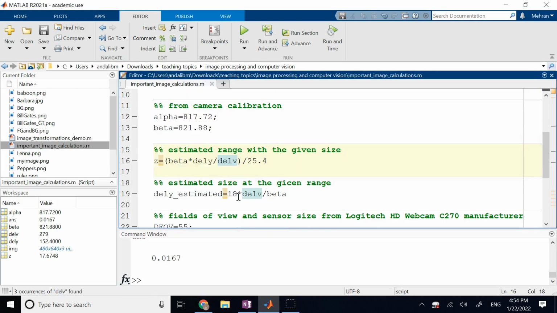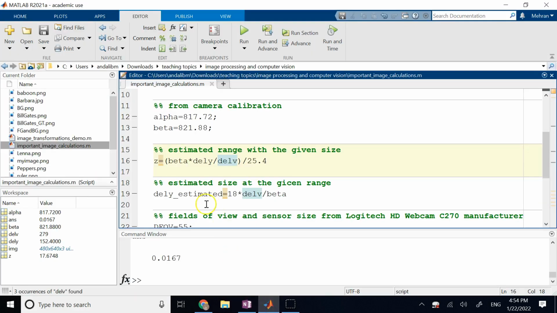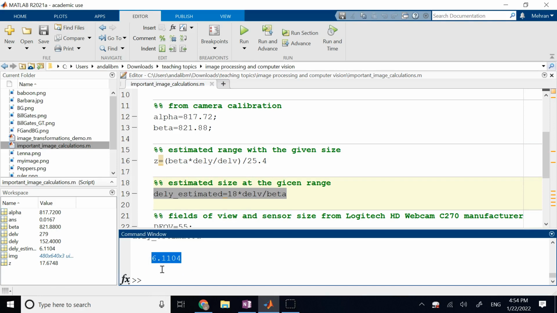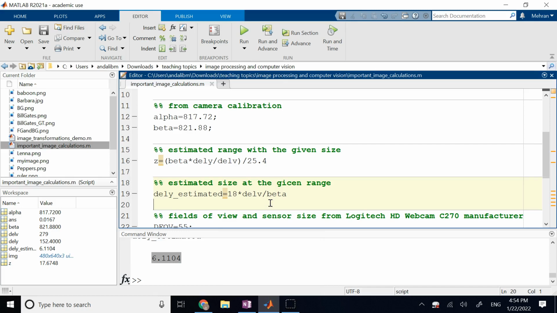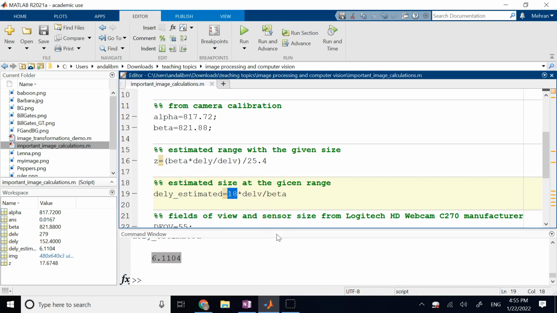Also, on the other hand, if I use the other formula which I showed you, I know my depth, which is about 18 inches. What is the real world size between those 2 black spots? If I do that one, look at this. It says it's 6.11 inches. And the actual distance is almost 6 inches. So you see, I can measure my real world distance if I know the range at which I took the picture, right?